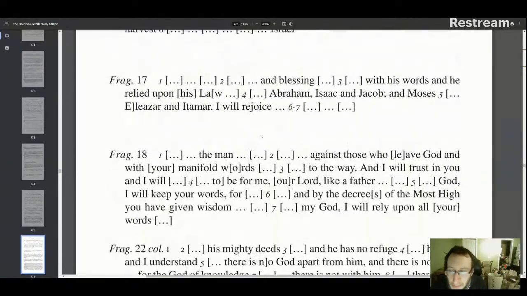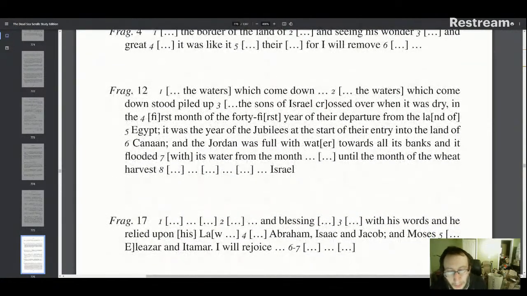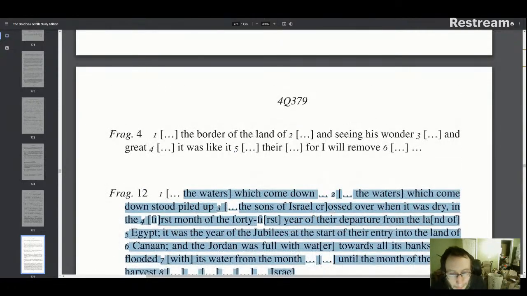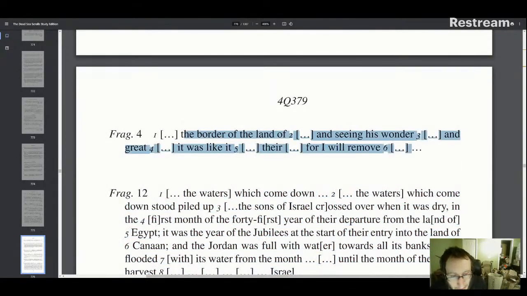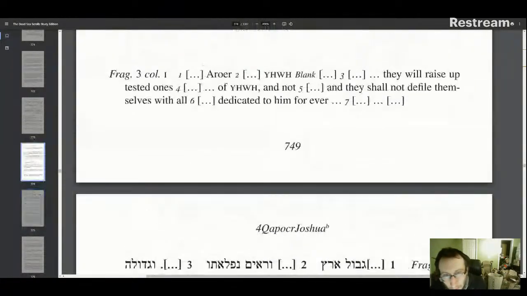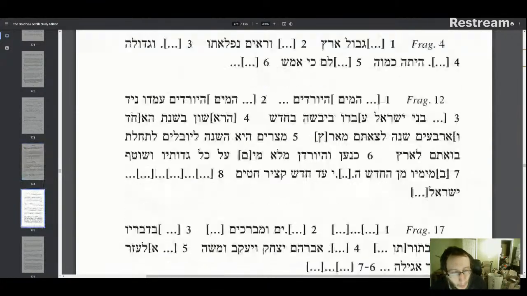Now, just keep in mind that sometimes the scholars put fragments together and they may not always be 100% from the same scroll. So fragment 12 seems pretty clear to be from Joshua. Fragment 4, I'd have to see why they consider it part of it. Without looking into what the scholars say, we can't say just by looking at it why it would be a Joshua fragment or not.